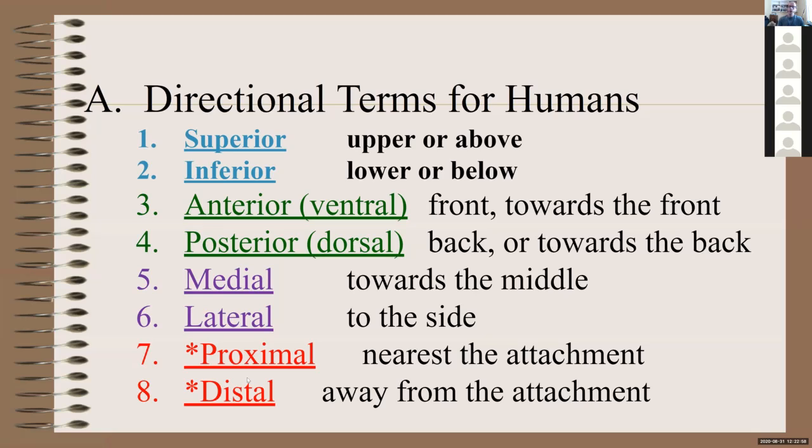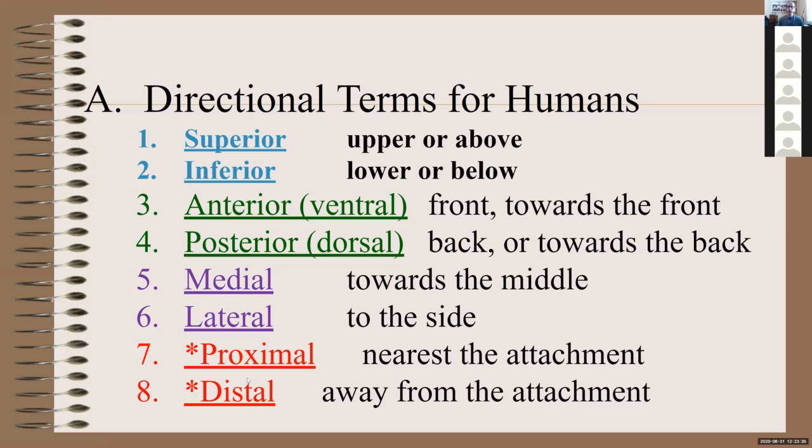Using them correctly when you're dissecting is incredibly important because you're going to be using sharp instruments that can do damage not only to yourself but to the specimen that you're cutting into. And you need to make sure you are cutting, opening, and observing in the directions that I tell you in the procedures. All of the procedures are going to be written using these directions because they're the best way to describe anatomical structures.